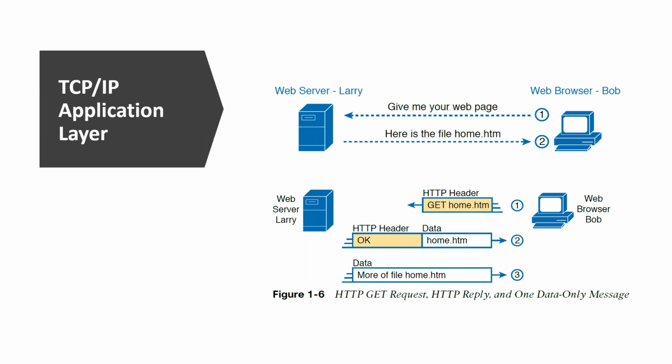So real quick, we have Bob and we have Larry. Bob is at the PC. Larry is a network admin administrating the web server. At a super high 3,000-foot level, Bob's PC and his web browser say, give me your web page, I'm trying to get to Google.